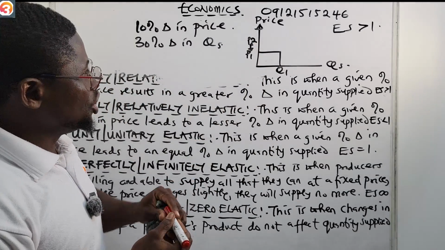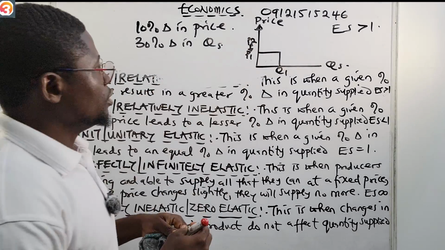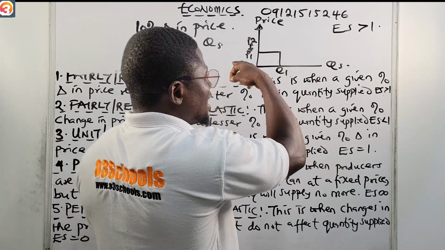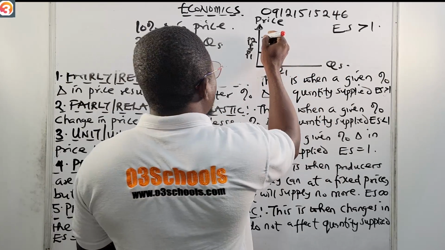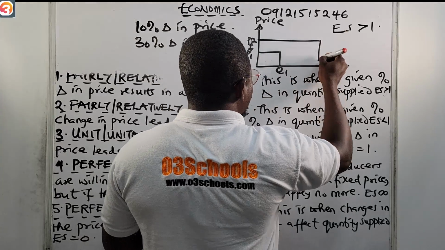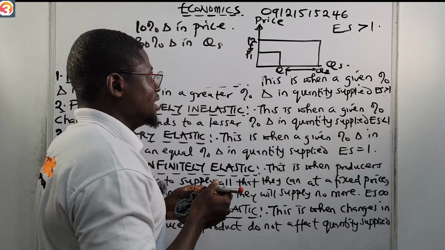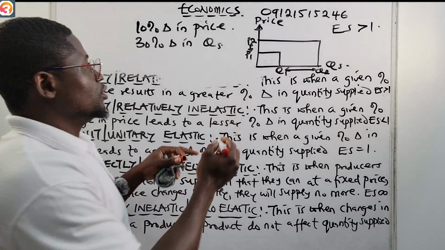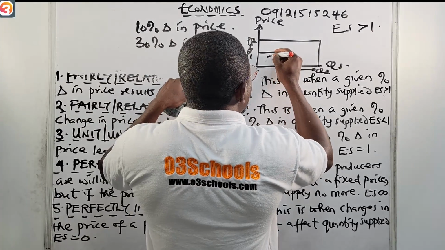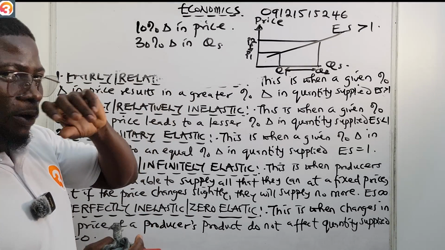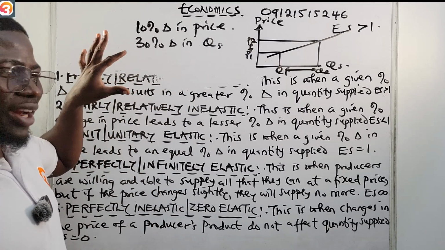The percentage change in quantity supplied is far greater than the percentage change in price. At P2, let's say we have Q2. You can see this change here is far greater than this change here. So this is how our graph will look. This is the supply curve for fairly or relatively elastic supply.